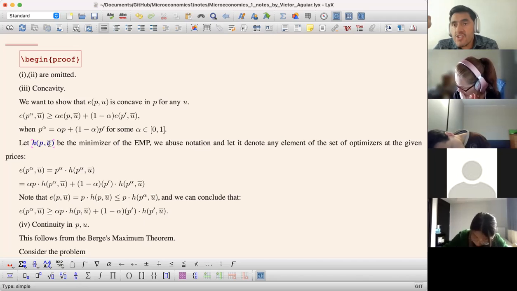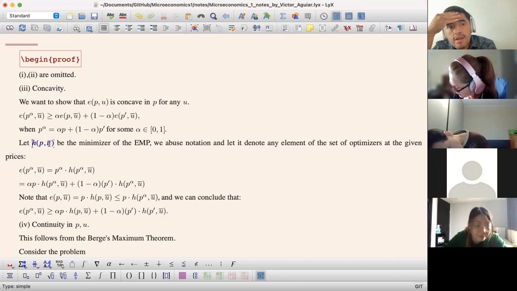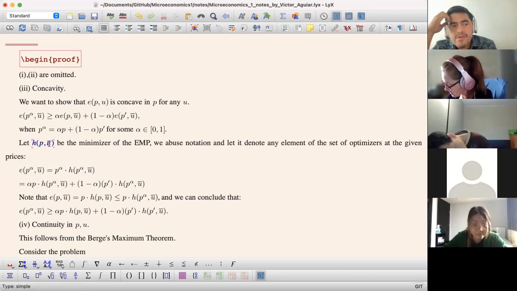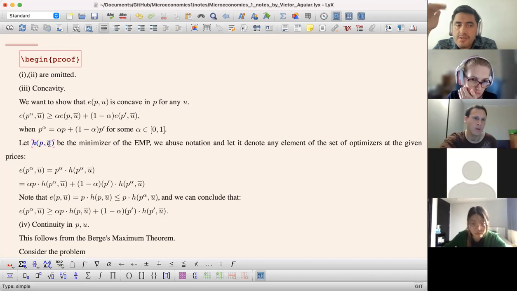That's why we use the H. Nothing fancy about that symbol, it's just the historical name. I've used a little bit of notation and let it denote any element of the set of optimizers. So for now, during the proof, we assume you have a Hicksian demand function, not a demand correspondence. The proof works for demand correspondences as well, but we simplify our life by assuming it's a function.